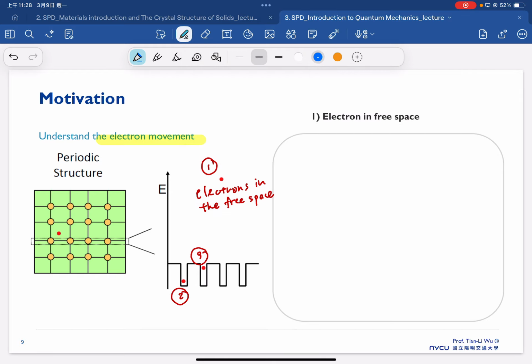Now we can reconsider this as shown here. We have the E here, and then as usual we normally have this periodic potential here.